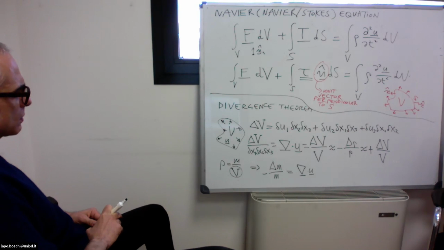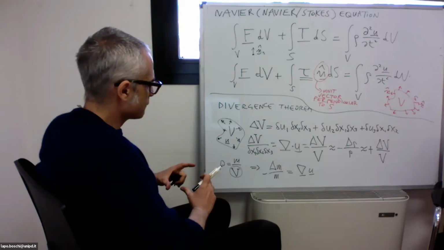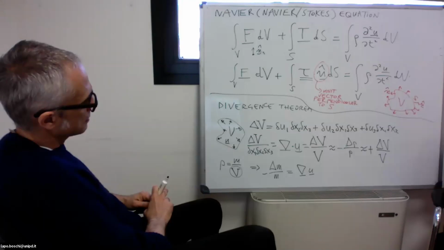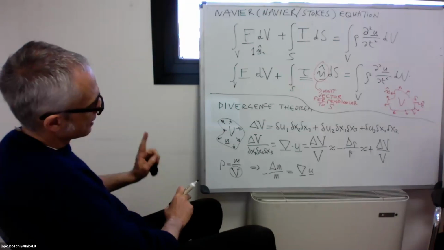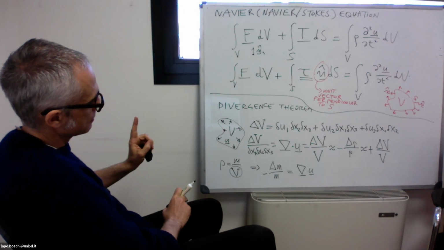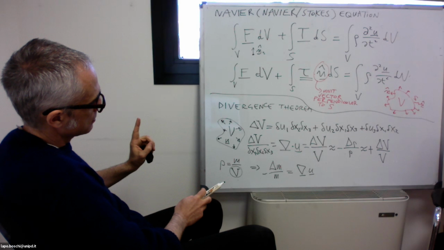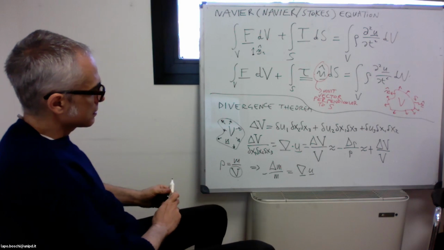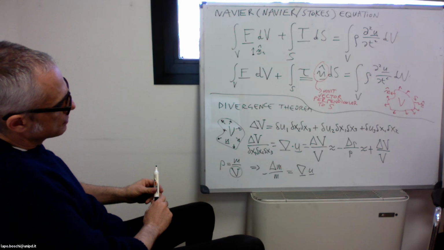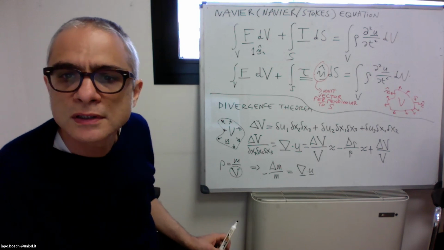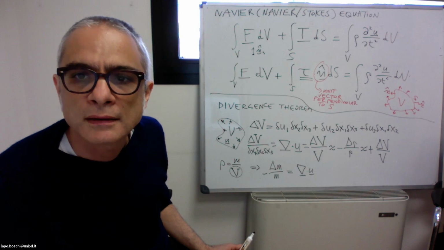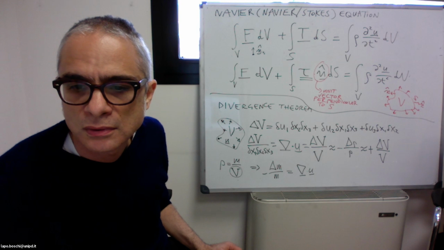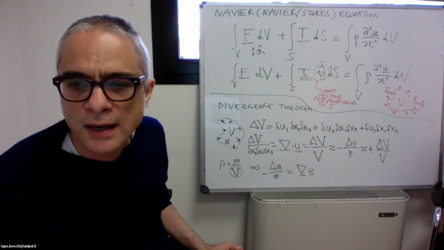No, wait a second, no, with a plus sign, because if V is constant and the density goes up, yeah. This is a bit strange. Yeah, should be good. Okay.